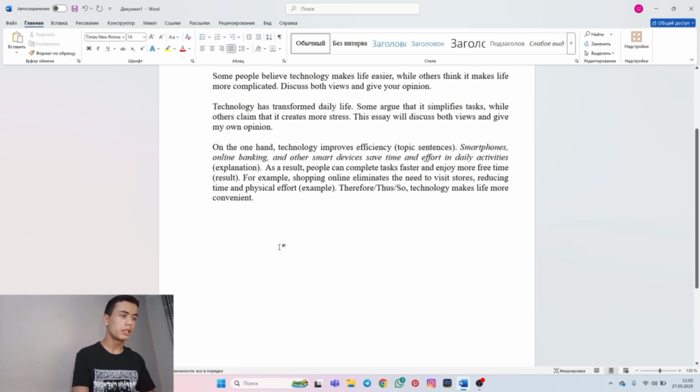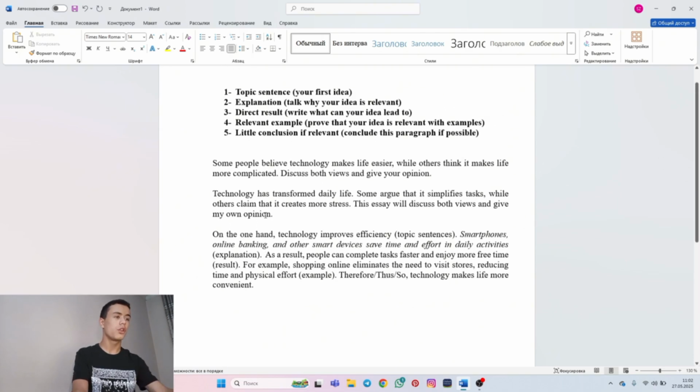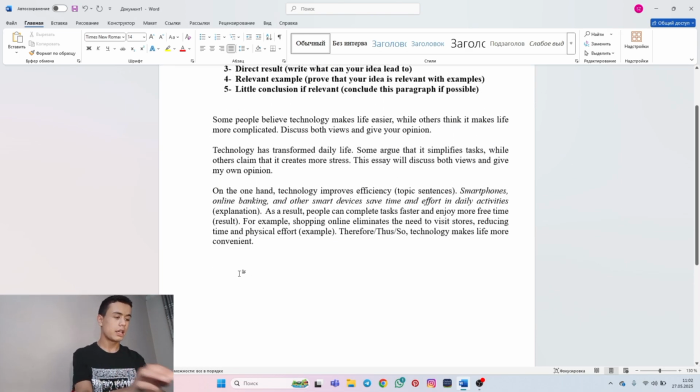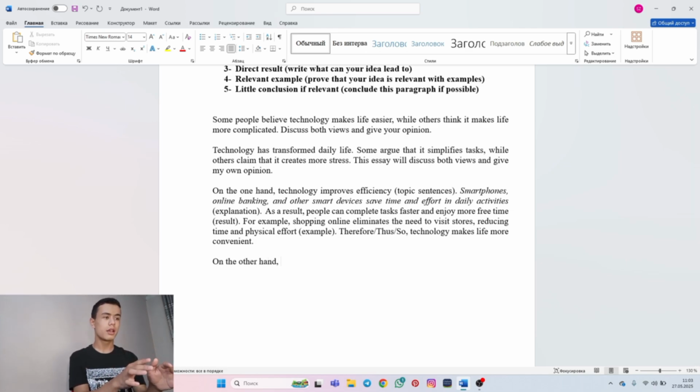So, in the second body, we just have to follow this structure, and we have to talk about the second group of people. For example, on the other hand, this means we will be talking about the second group of people who argue that it creates more stress, right?